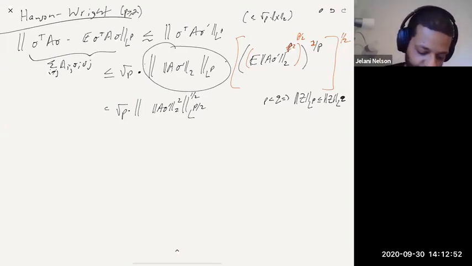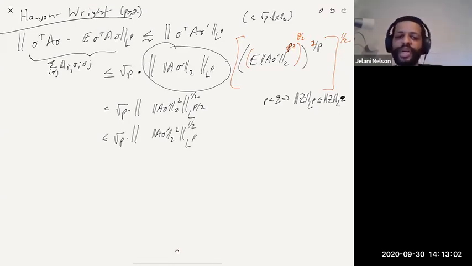So this thing is at most root P times A sigma prime L2 norm squared LP to the 1/2. And then I'll just add and subtract the same thing: the expectation of A sigma prime L2 norm squared.